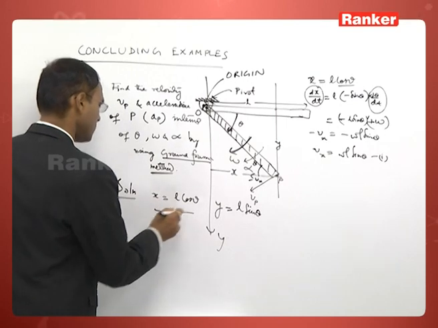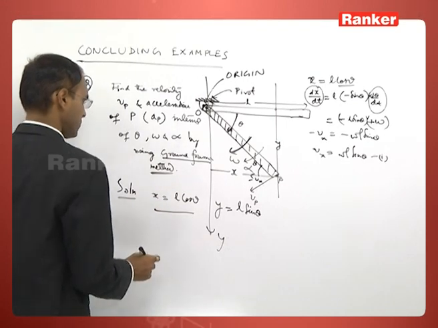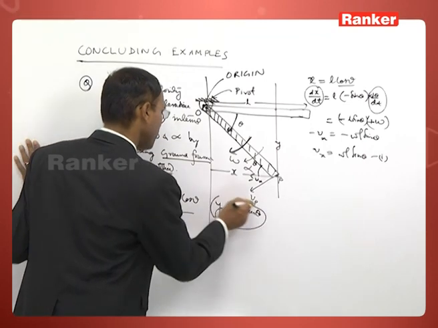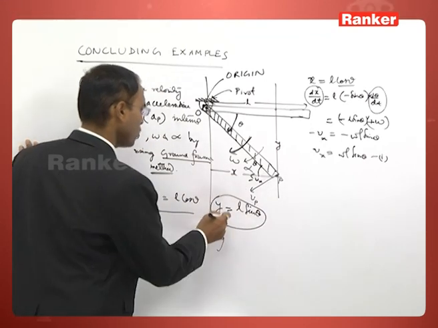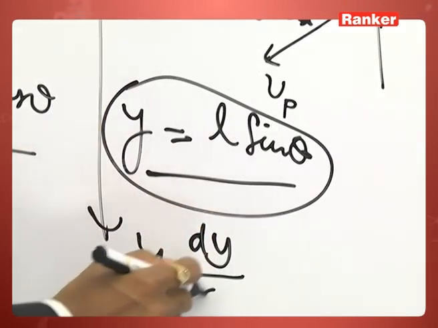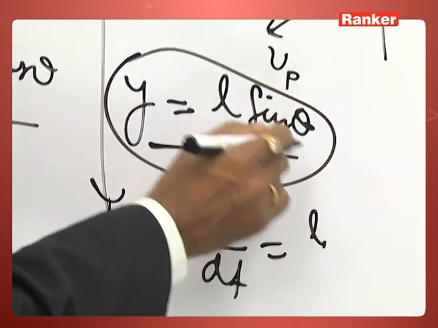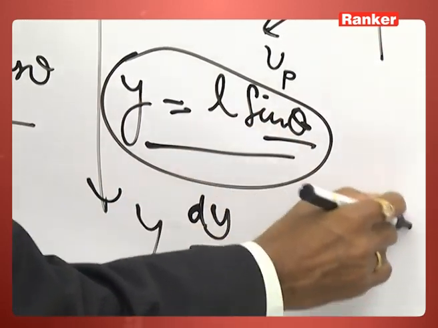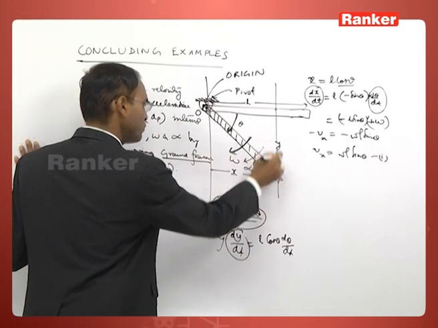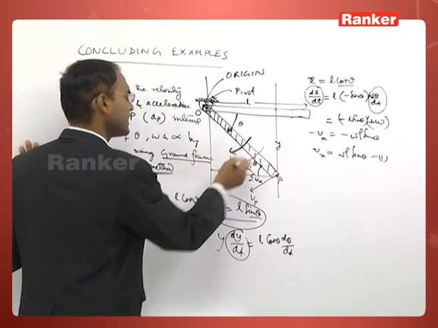Now, take the other component of the position, y is equal to L sin theta. So dy by dt is equal to L cos theta d theta by dt. y increases when the point P swings in a circular path, x decreases, y increases.